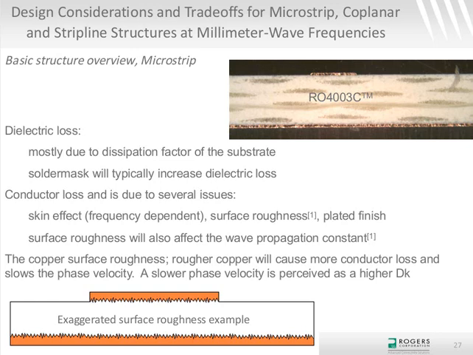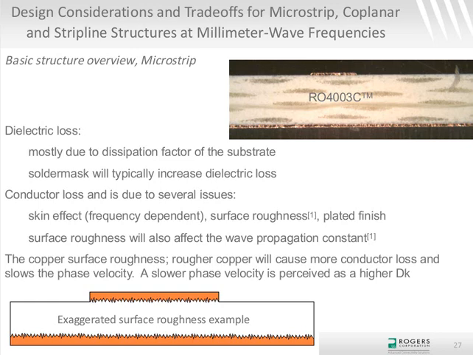Using less of the conductor means more conductor losses. Then there's surface roughness, and the copper surface roughness comes into play when the skin depth is equal to or less than the copper surface roughness. Then the copper surface roughness has an impact on conductor losses, and it also has an impact on phase response. And also final plated finishes. As I mentioned already, some of these final plated finish metals are less conductive and cause more conductor losses, and we'll talk about that more later as well.